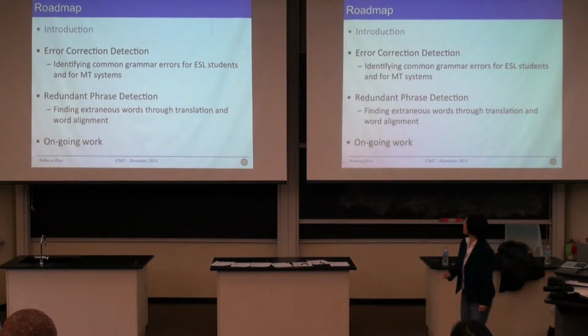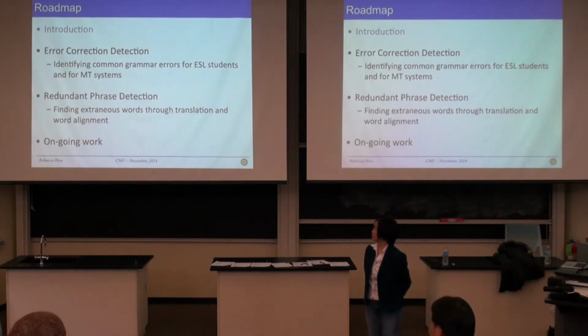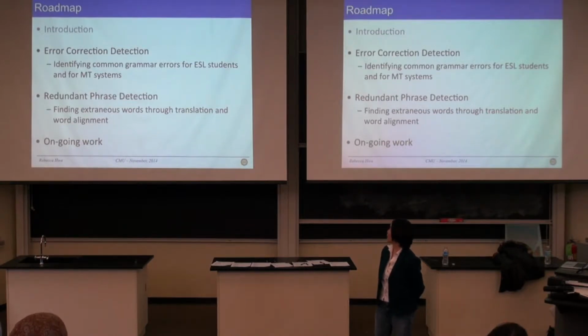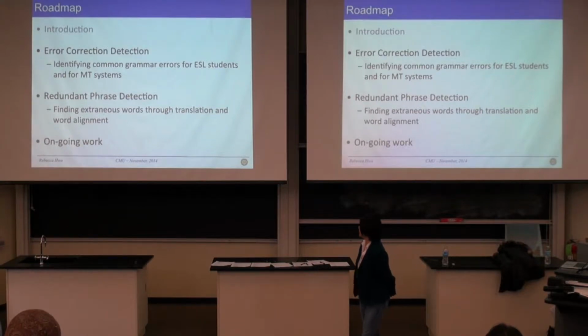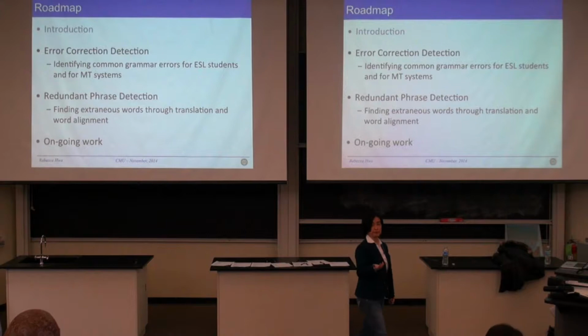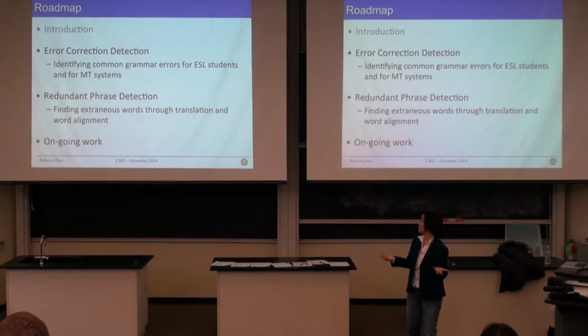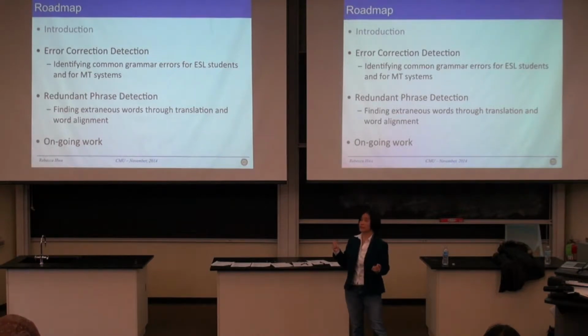Specifically, I'll be going over two applications. One is called error correction detection, where we're trying to identify common grammar errors and then determine the cause for them. And we want to be able to do this for both ESL students and for MT systems. A second task is redundant phrase detection.